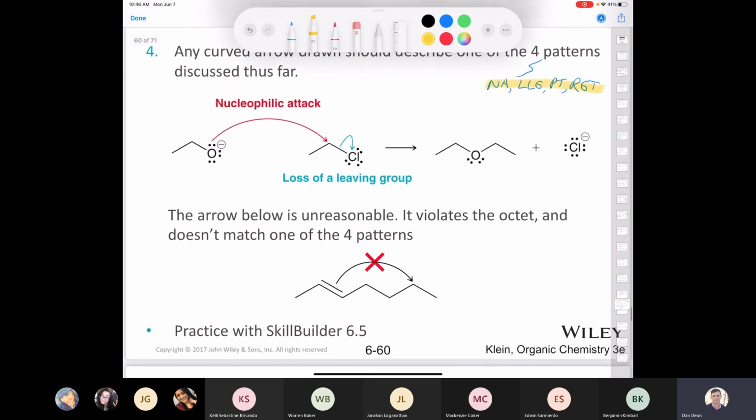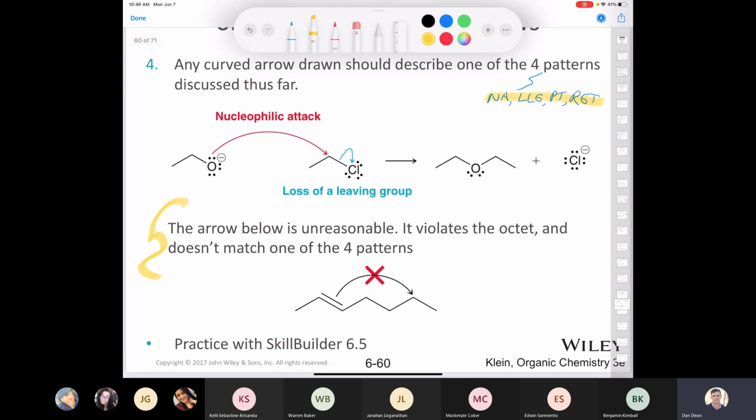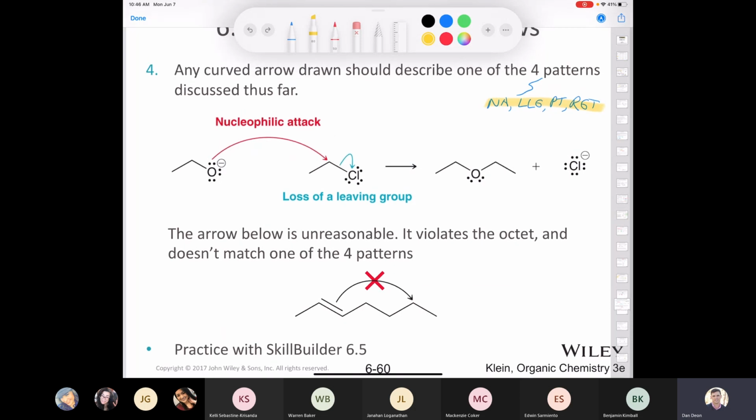This one here says this arrow is unreasonable, which is totally true. It violates the octet rule. You've got too many bonds to this carbon, which already has 4 bonds, and it doesn't match any of the patterns that we've seen. So not only do you have to be able to draw proper arrows, but you have to be able to recognize arrows that are incorrect too.